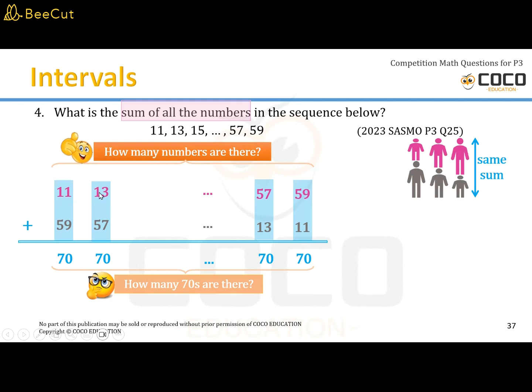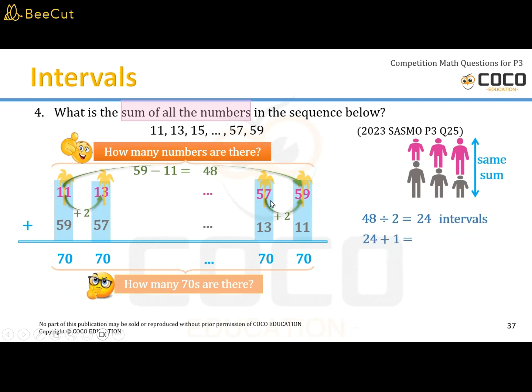In order to find how many numbers are there, we can take every number as a tree and check the interval. In this question, the interval is 2. And then check from the first number to the last number, the total distance is 48. Now use 48 divided by 2, then you will find there are 24 intervals.